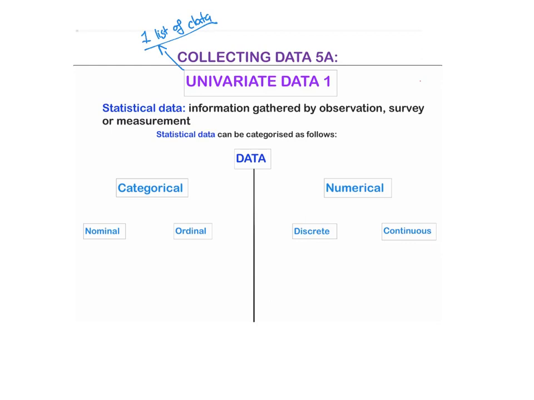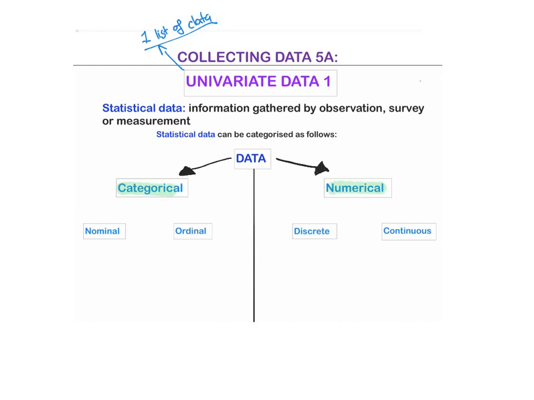It's not a number, it's categorical. So our first way we break data up is we either say that it is categorical or we say it's numerical.